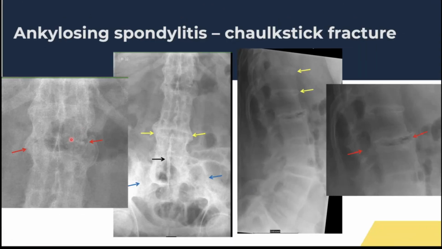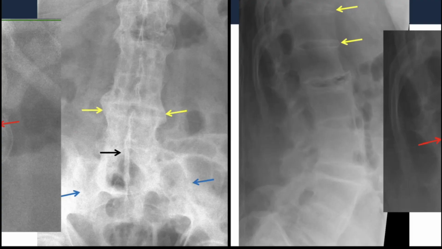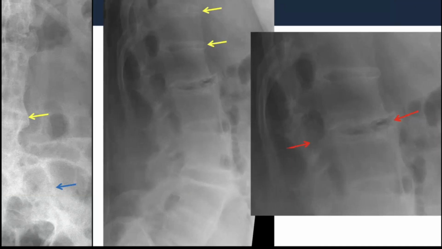If we look on the lateral, we can see that there is some lucency. I mean, it's not projected very well, but some lucency projected through that disc space at the same level, and that heightens our suspicion even more, given that all the other levels are completely normal.